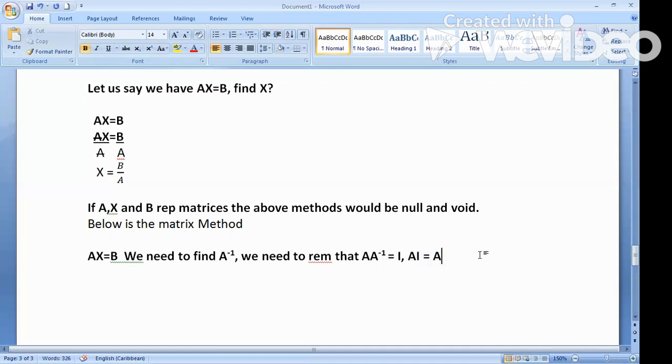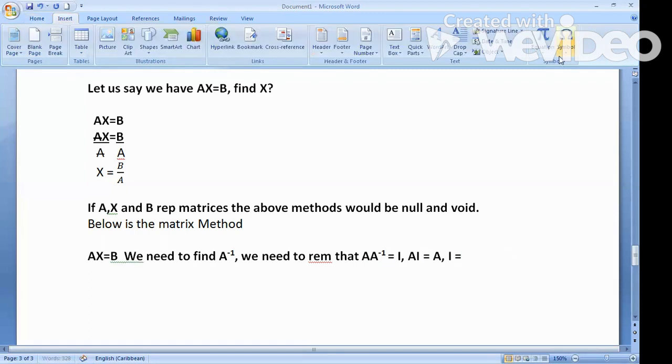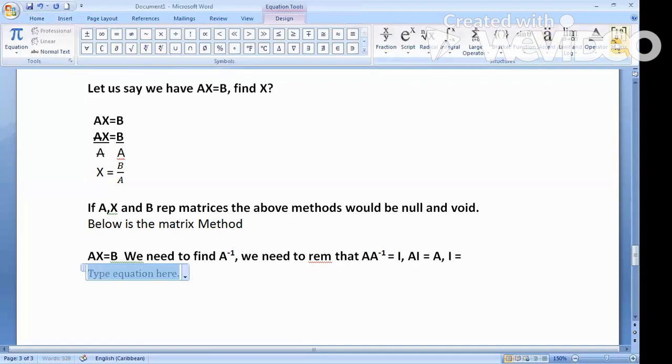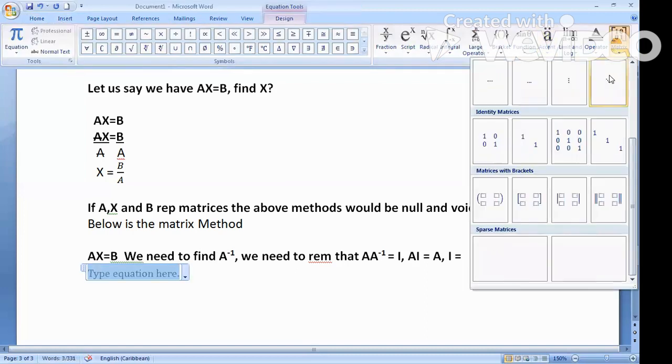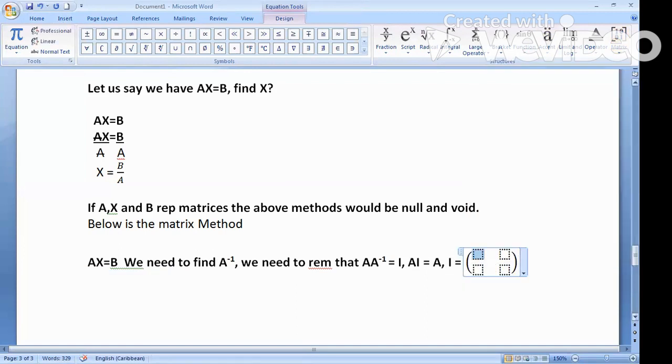And what does I represent, class? Anybody remembers? What is I, by the way? How does it look? 1, 0, 0, 1.